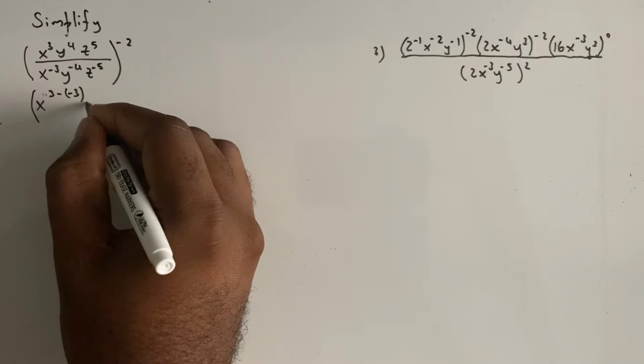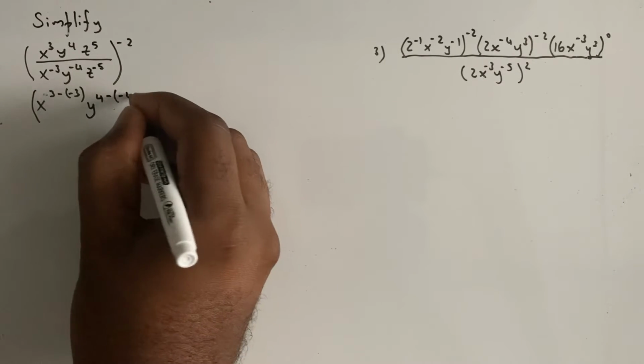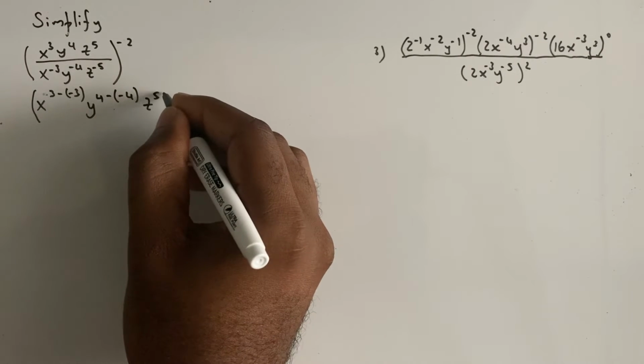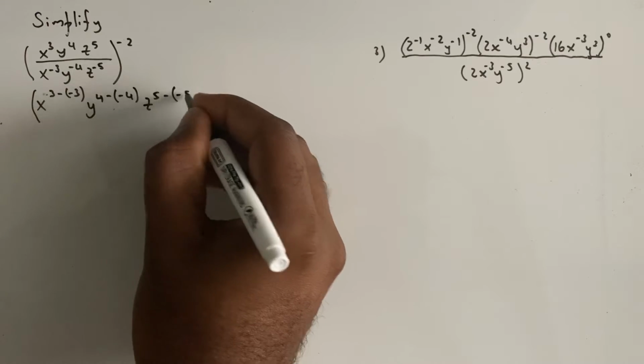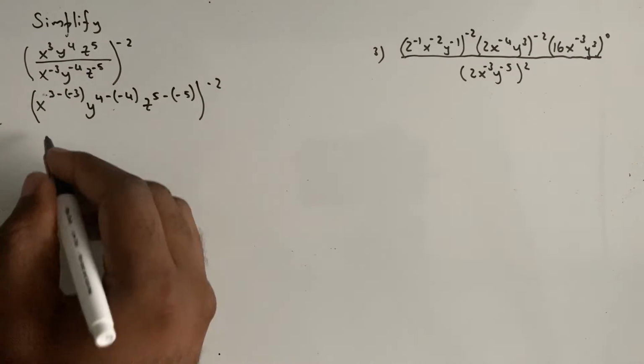Then y to the fourth minus negative 4, then z to the fifth minus negative 5. And this to the power of negative 2.